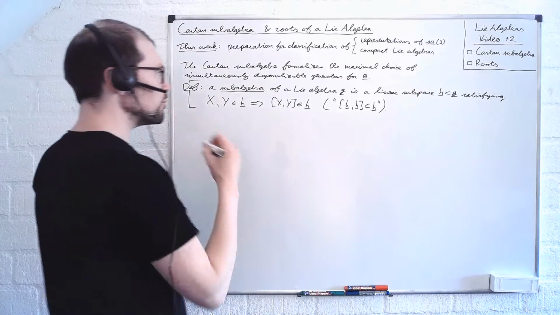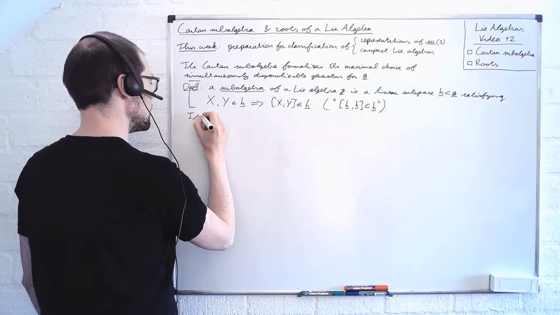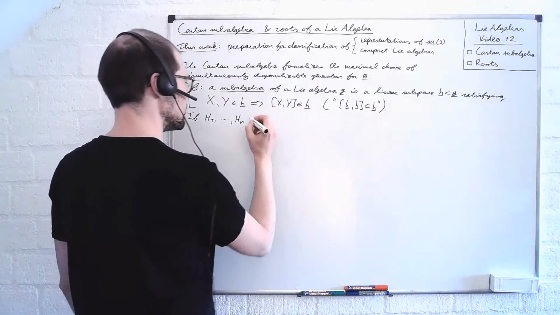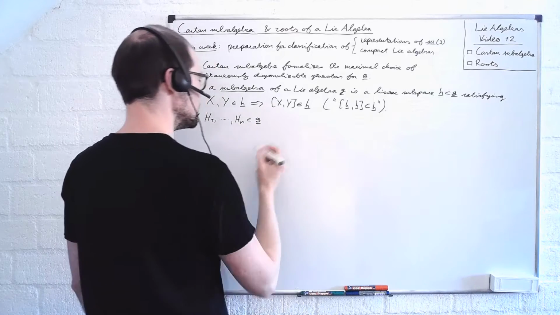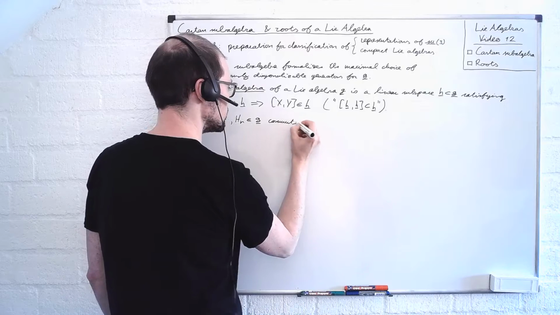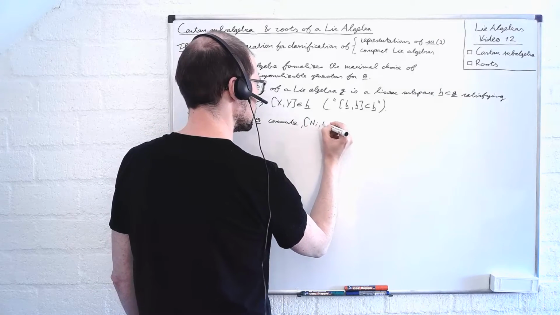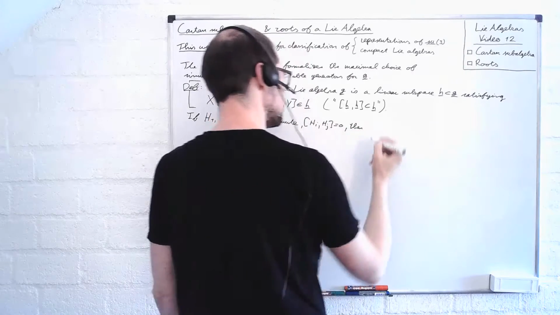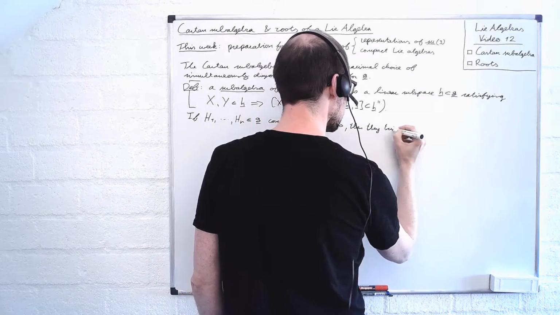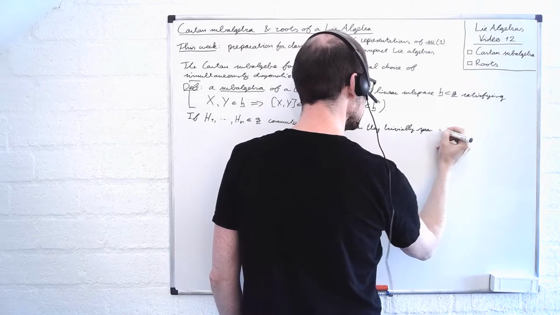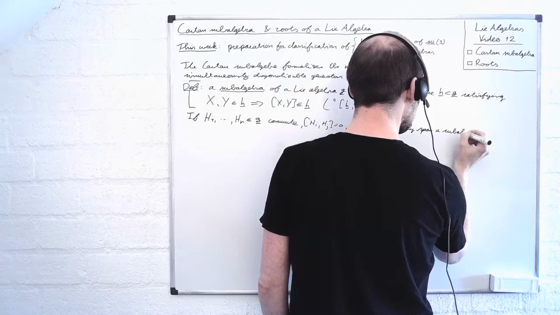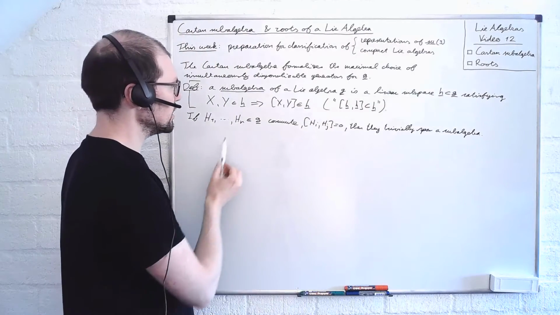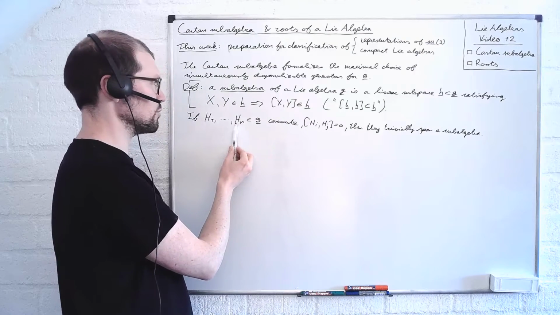So a very simple subalgebra would be if I have a number of generators, H1 up to HR, in the Lie algebra G, and if they commute, so meaning that the Lie bracket of Hi with Hj is 0, then okay, they trivially span a subalgebra simply because taking any Lie bracket of a linear combination of these elements is going to vanish.